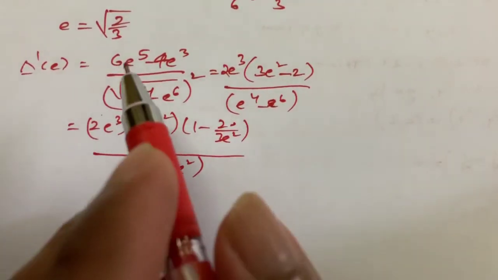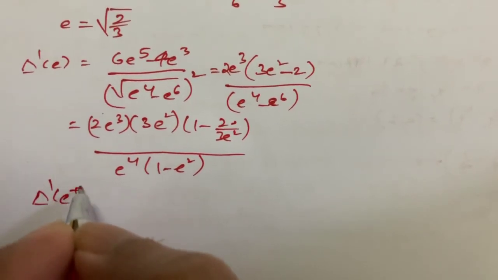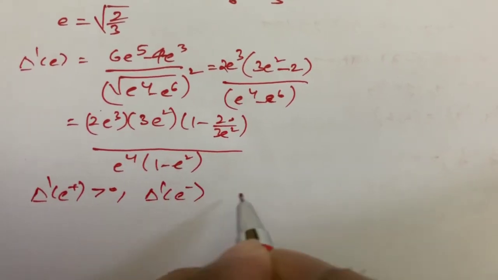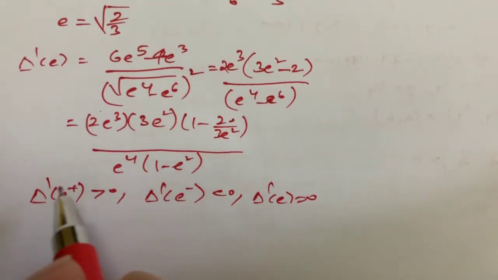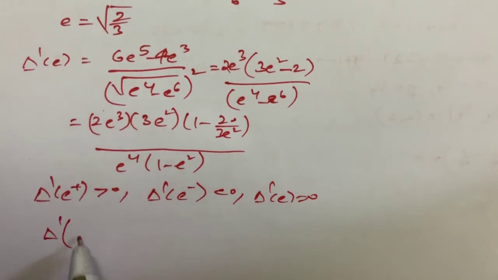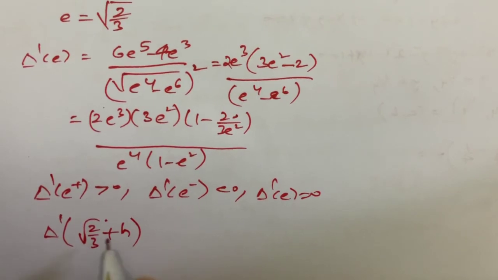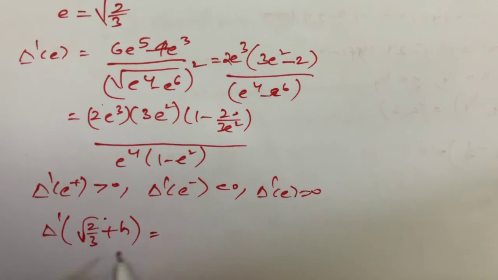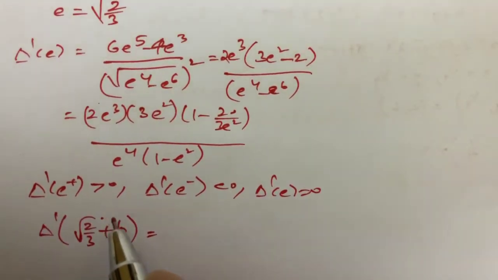So because e is less than 1, for a minimum, delta dash of e on the right should be greater than 0, delta dash of e on the left should be less than 0, and delta dash of e should be 0. So here we are getting e at √(2/3). So delta dash of √(2/3) plus h: if e is √(2/3) plus, e² will be 2/3 plus, right?